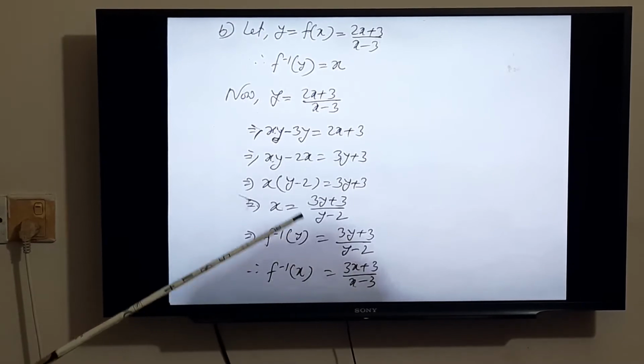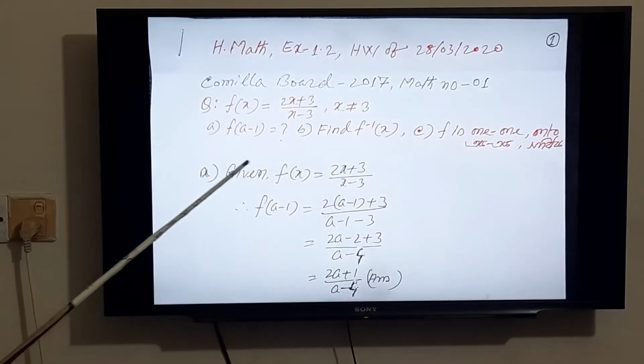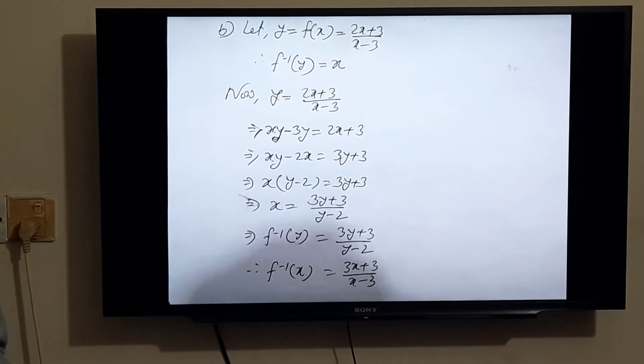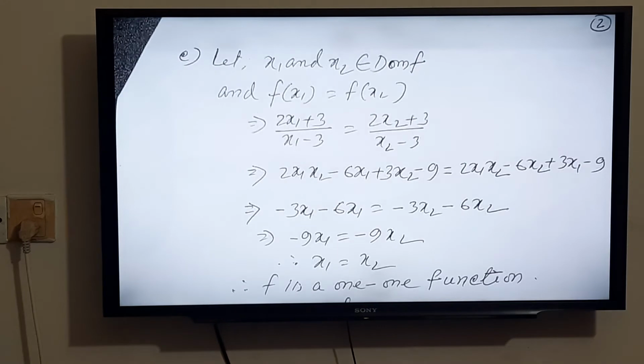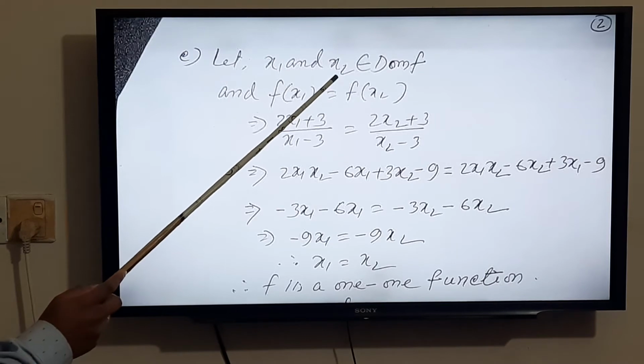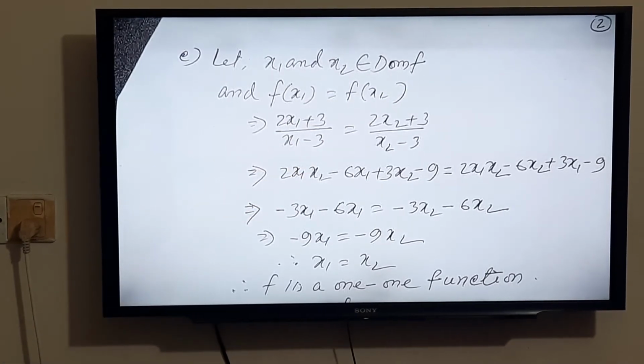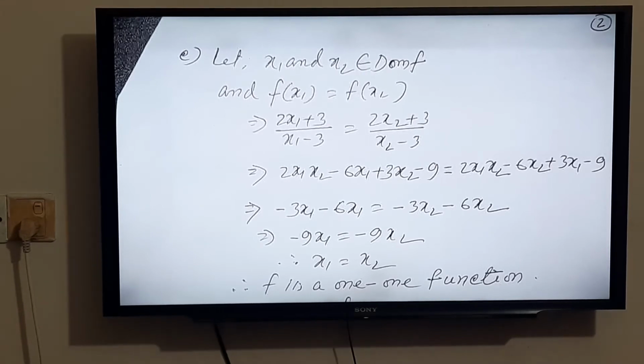Okay, and question number C is f is one-one. How can we prove one-one? Already you know how we can prove one-one. At first, you have to suppose two elements x1 and x2 in the domain of f. Let x1, x2 be in the domain of f of x.